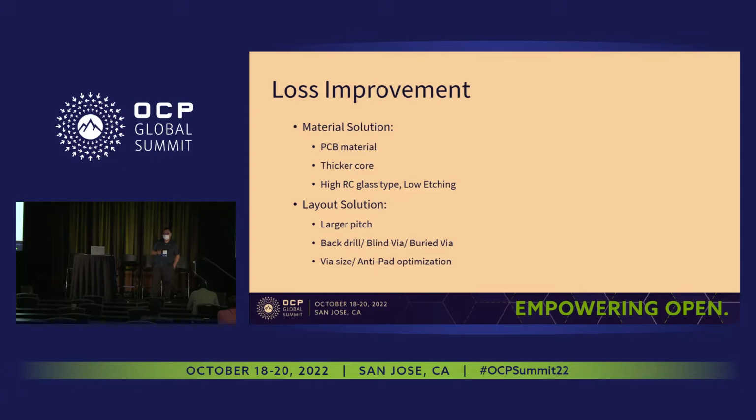In the OCP spec, they have defined and recommended that the UBB material be ultra low loss. And if you would like better loss performance, you can use ultra low loss advanced material to get more loss budget.